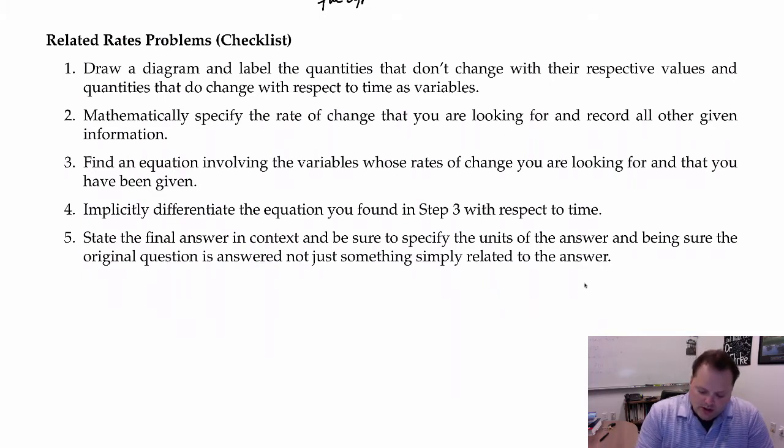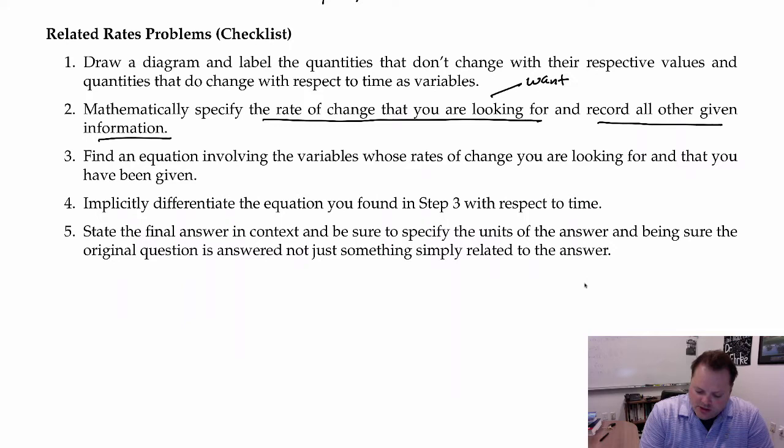Specify the rate of change that you're looking for, and record all other given information. That's the rate that we're given. So we're always going to list down a wanted rate and a given rate. That's after drawing the diagram. And then we're going to find an equation that relates the wanted rate and the given rate, some mathematical equation that relates these two quantities.